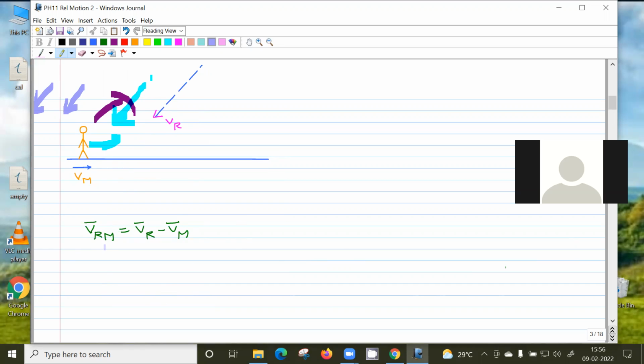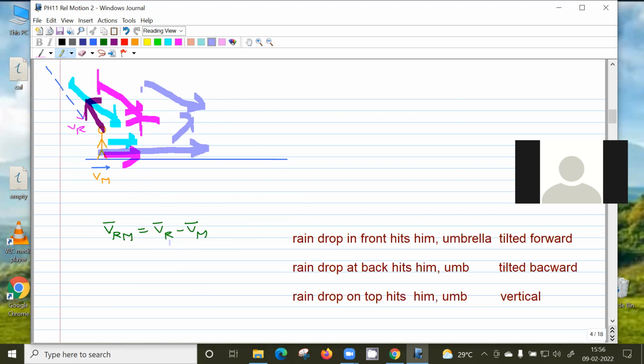Mathematically it depends on the relative angles of VR and VM. In the vector diagram, the velocity of man is this one, and the velocity of rain is this one, right?